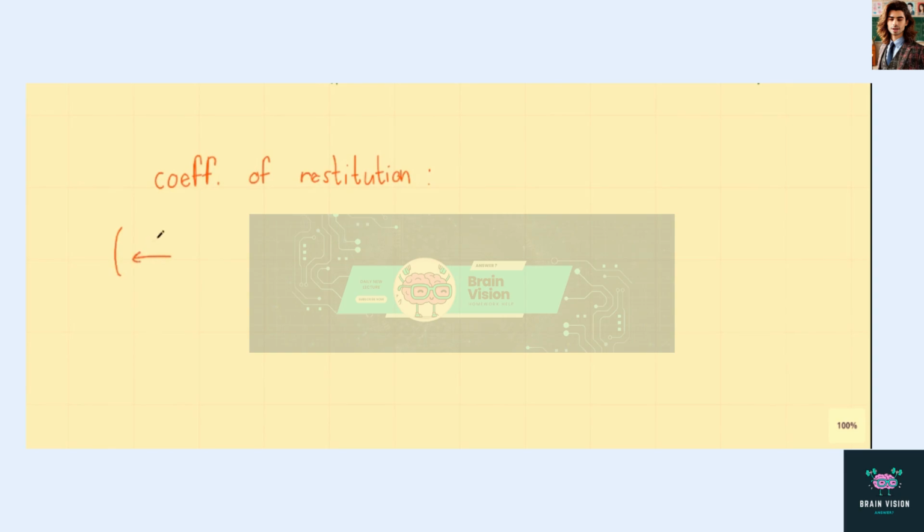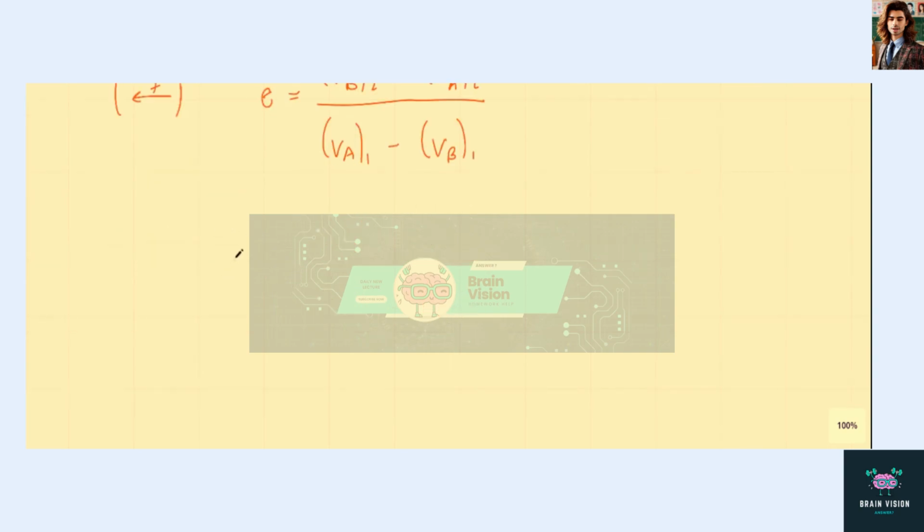We'll again take the left direction as positive, and we know that the coefficient of restitution given in this problem, e, is equal to VB2 minus VA2 all over VA1 minus VB1. This coefficient of restitution is given as 0.6.